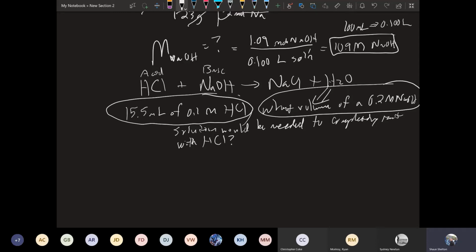We're going to have to understand that we're given volume and molarity. From these two, we can calculate the moles of HCl.